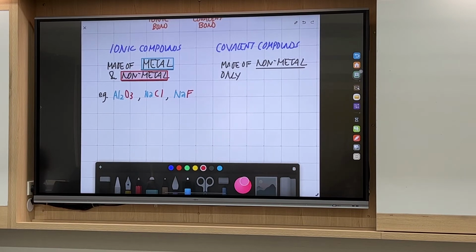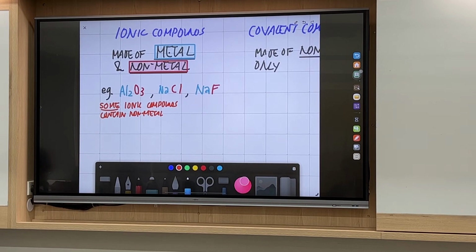However, there are exceptions. You can put down this exception also in the example box for ionic compounds. Some ionic compounds contain non-metals only, but this is very, very rare. This is why I wrote down generally. Whenever you see the word generally, that means there are exceptions, and these are the exceptions.